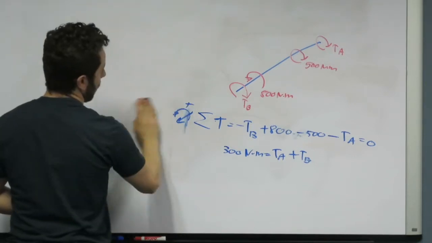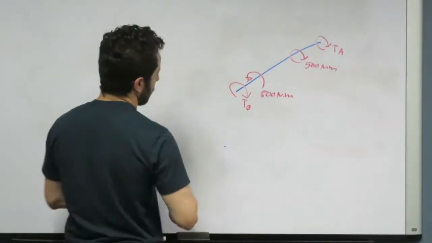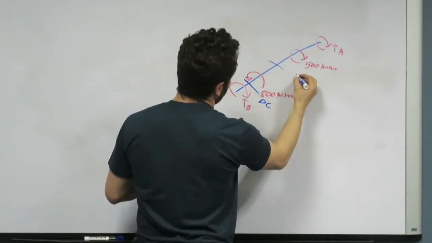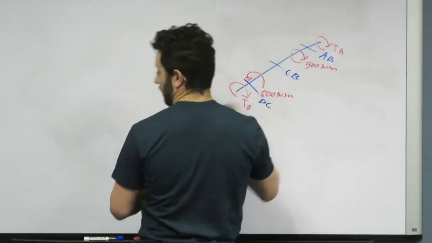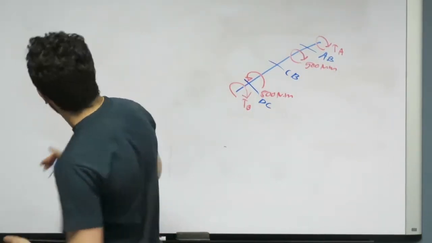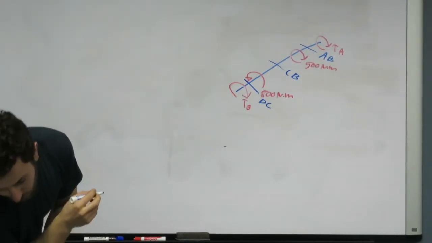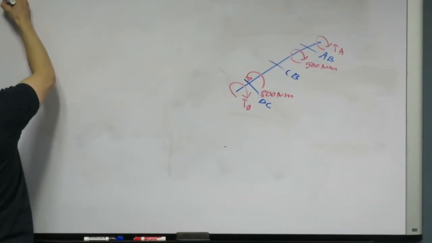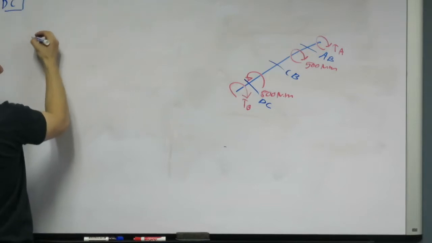If I erase all this, I'm not going to erase this. We have 3 sections to look at. We have section DC, section CB, and section AB. If we look at the first section coming down from the bottom, it's pretty straightforward. So this is section DC.